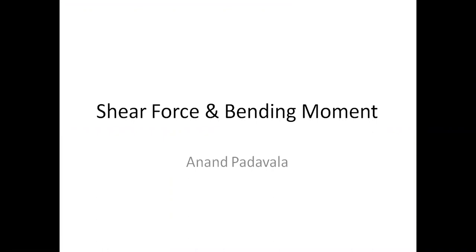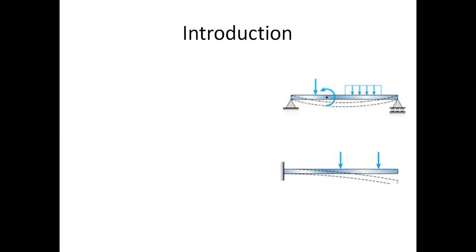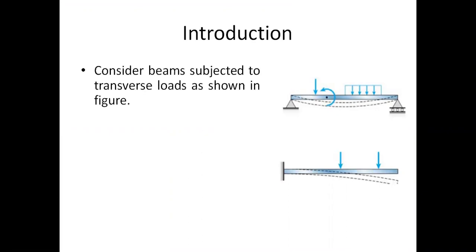So now, introduction. We have two figures here. Consider the beam subjected to transverse loads as shown in the figure. So let us take these two beams. These two beams are subjected to transverse loads.